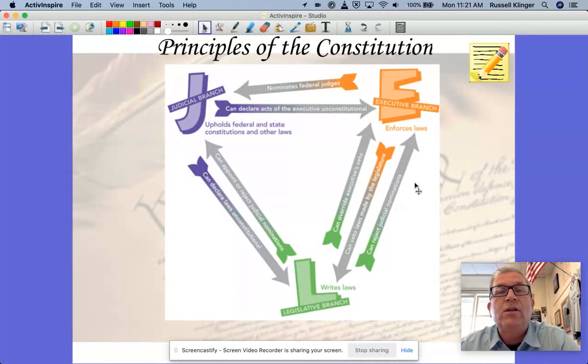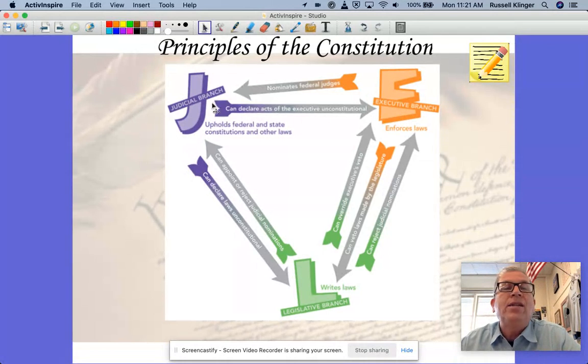So if you look at this illustration here, we just go from left to right. One of the branches, called the judicial branch, is supposed to uphold federal and state constitutions and laws. It can declare acts that the president or the executive branch performs as unconstitutional.